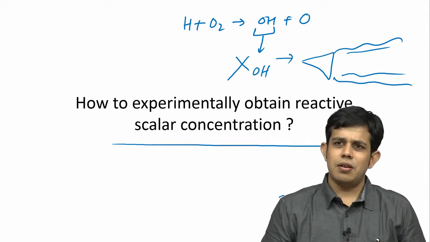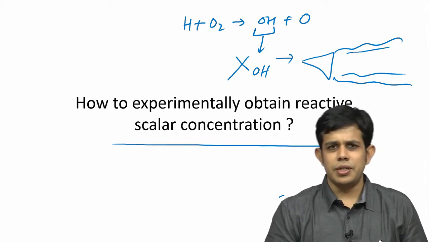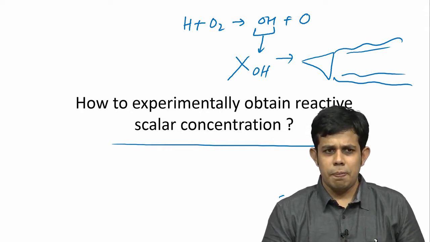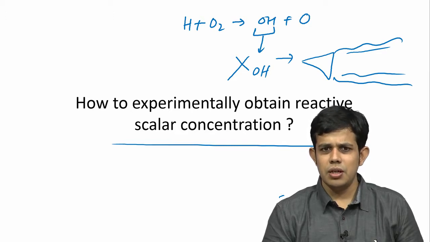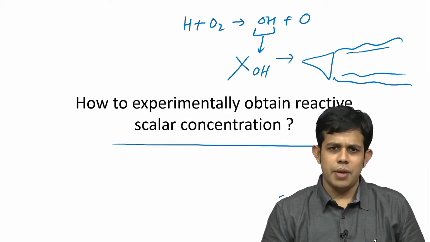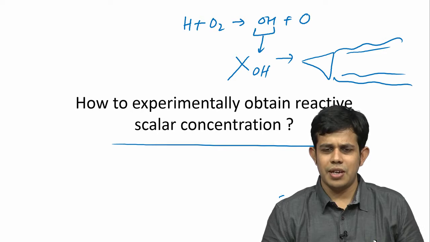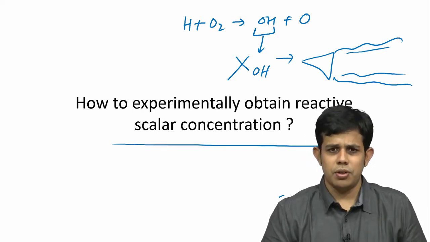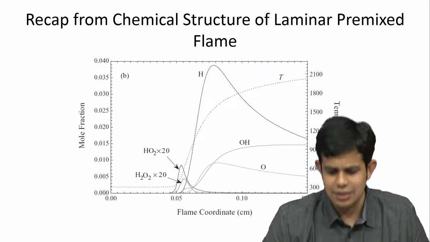As I said, we cannot really put a physical probe inside because the environment is harsh, and the actual measurements are difficult to obtain. So, let us talk about how we can measure the concentration or the mole fraction of this hydroxyl radical using laser based diagnostics. That is the most important part of this class.